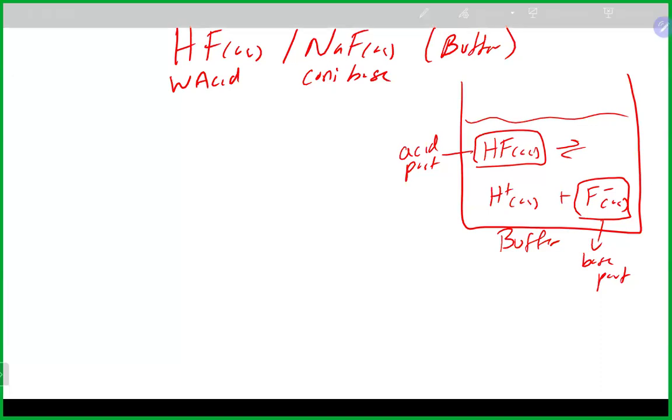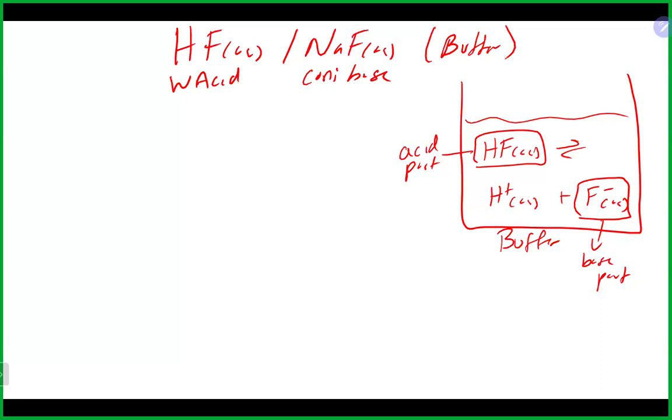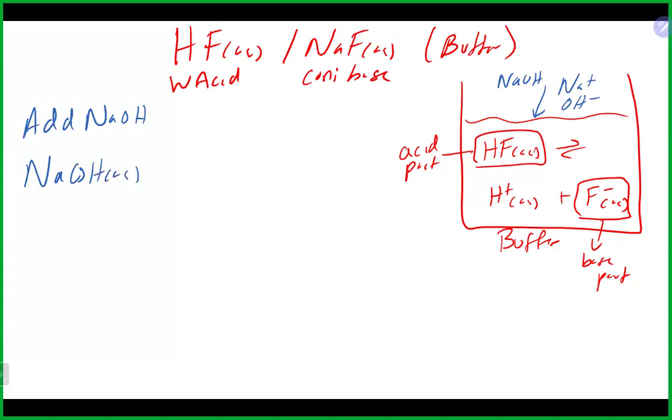And if we were going to add a strong base like sodium hydroxide, we want to drop that in. That again is a sodium ion and a hydroxide ion that's going to go for a swim. When I add some sodium hydroxide, which is a strong base, it is going to react with the acid part of the solution to give us our acid-base reaction. So we'll get this reaction that's actually happening.